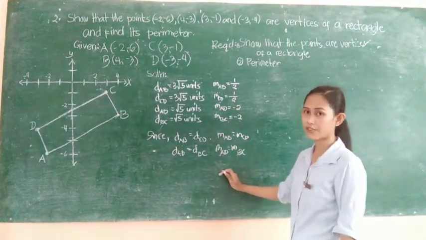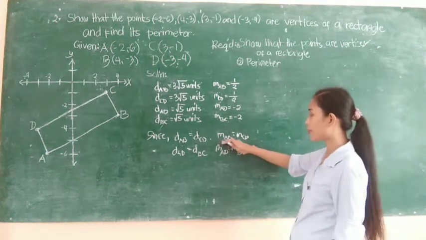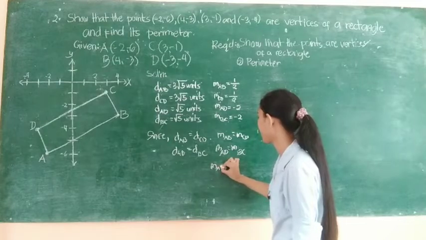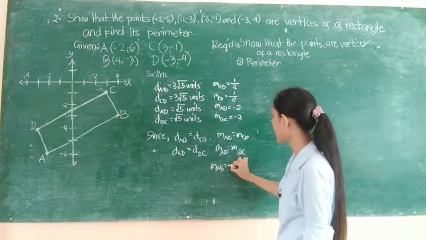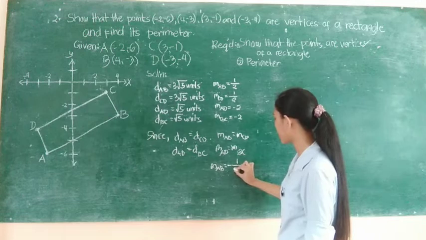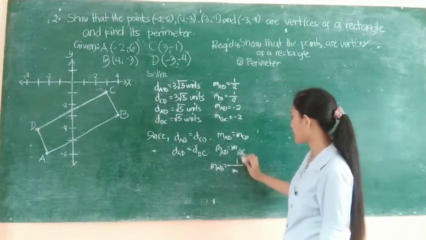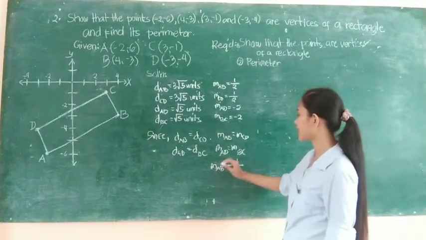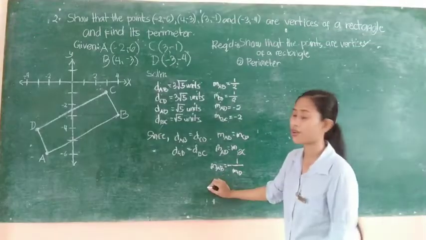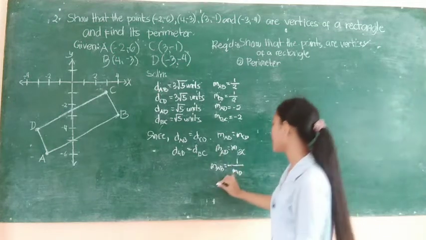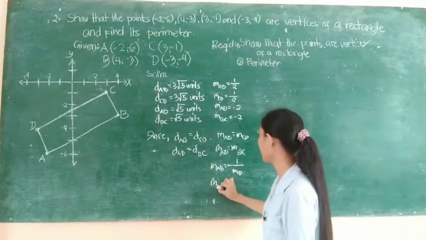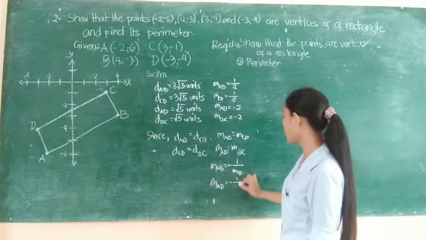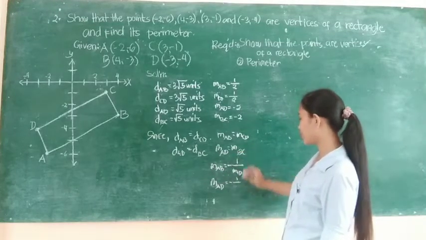The negative inverse of the slope AB is equal to negative 1 over the slope of CD. Next, the negative inverse of the slope AD is equal to negative 1 over the slope of BC.